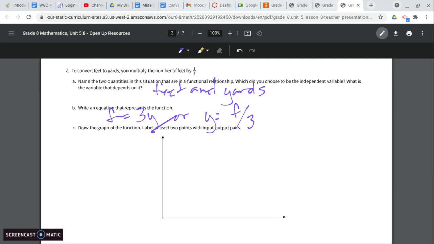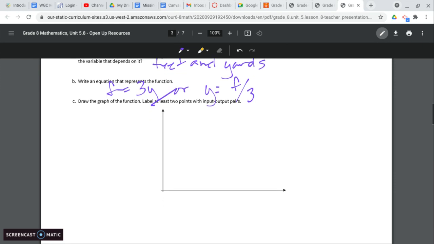Draw the graph of the function, label at least 2 points with input and output. So I'm going to do length in feet, and this one will be my yards. So if we plug in a value for yards, so let's say 1 yard would give us 3 feet.